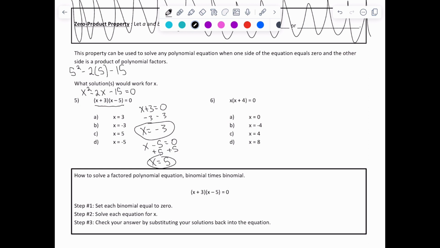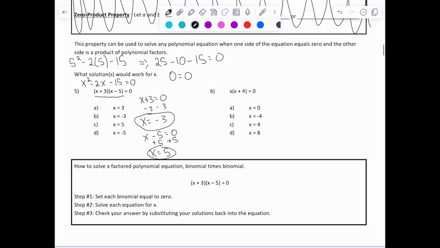Simplifying that, I'm going to have 25, because that's 5 squared, minus 10 minus 15. Well, what's 25 minus 10 minus 15? That is 0 equals 0 here, guys. So just to show you, if you plug these in, you will get 0.